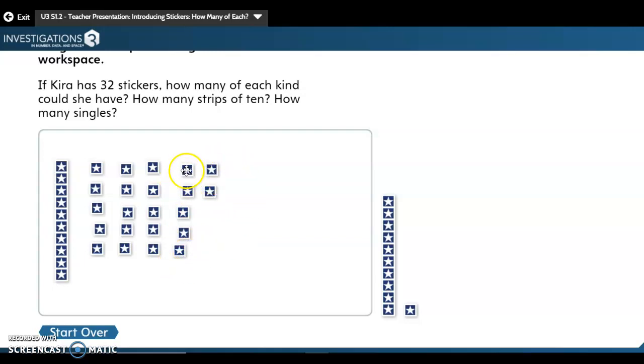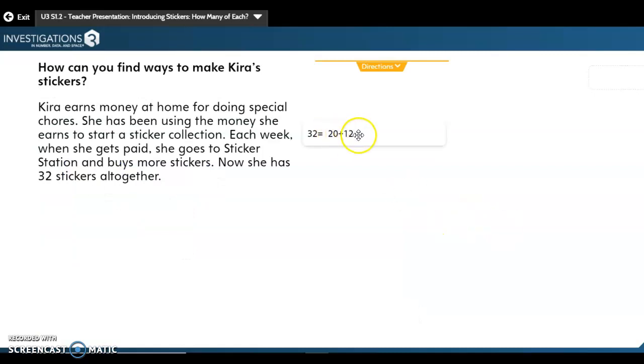I counted by 1s. You could also count by 5s here because we've put them in rows of 5, columns of 5. So 10, 15, 20, 25, 30, 31, and 32. So we would show this as 32 equals or is the same as 10 plus 22 1s.